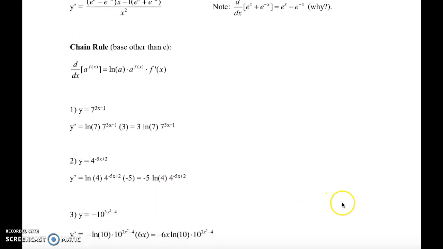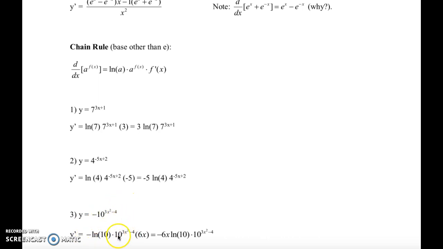For number 3, we have negative 10 to the 3x squared minus 4. So here we're going to have the negative natural log of 10, because remember, we can't take the natural log of a negative number. That negative is not part of the base because there's no parentheses.